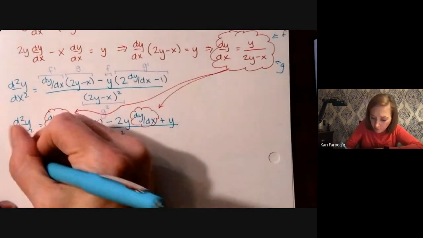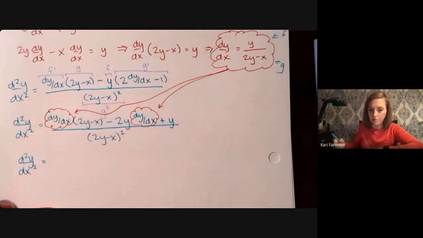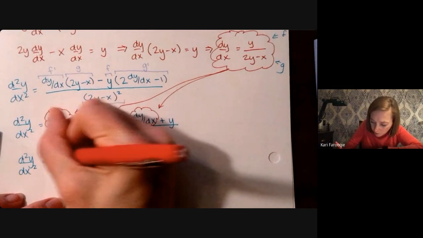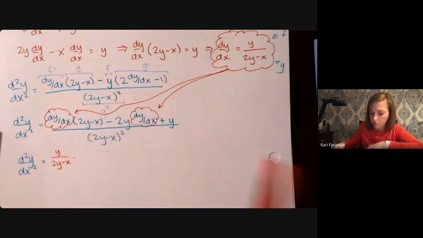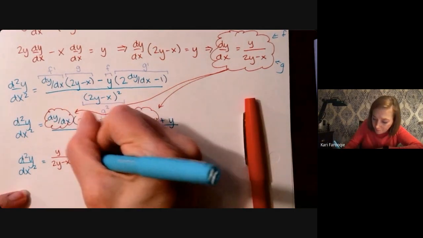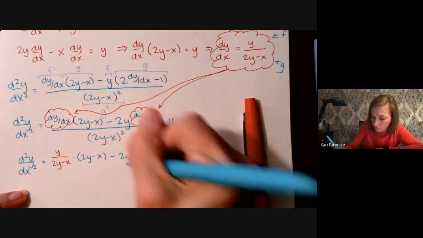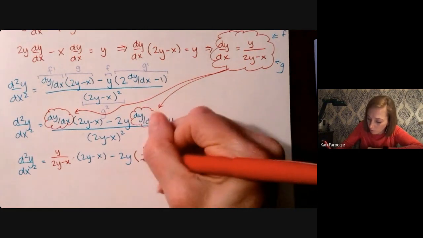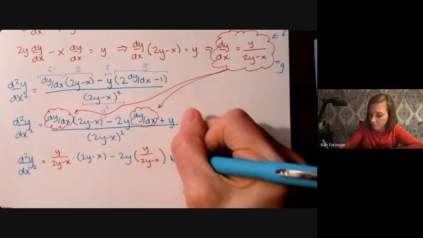So now I can say that my second derivative, we got a little bit of work to do here, by the way, so I hope you have some space left on your page. I've got my dy/dx right now, which is y over 2y minus x, times 2y minus x, minus 2y times y over 2y minus x, plus y.